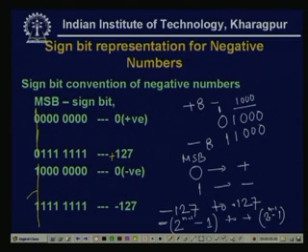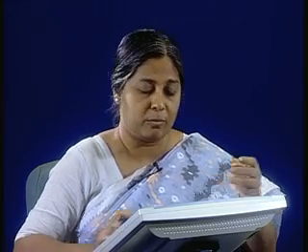Now, the only drawback of this method is that there are two representations of zero, one we call negative 0 and the other positive 0.